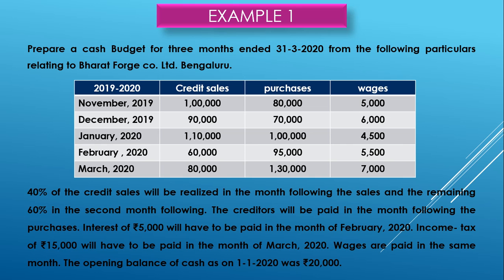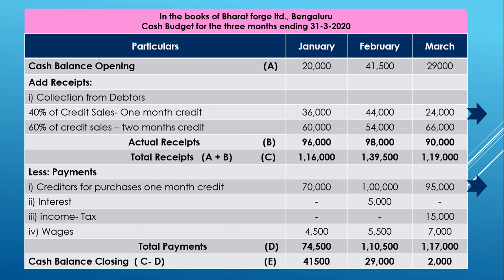So we will prepare the cash budget for 3 months. Let us understand how to prepare it. This is our cash budget in the books of Bharat Forge Limited, Bengaluru. Cash budget for 3 months ending on 31st/3/2020. So there will be 3 months, January, February and March. There is an opening cash balance in January which is 20,000 as given in our example.